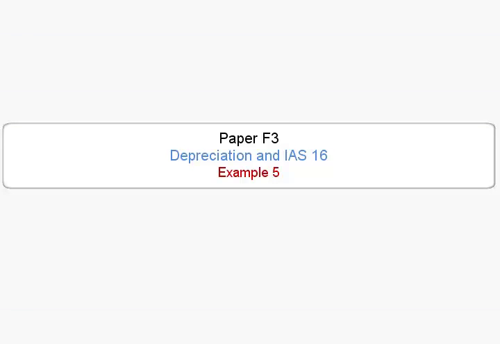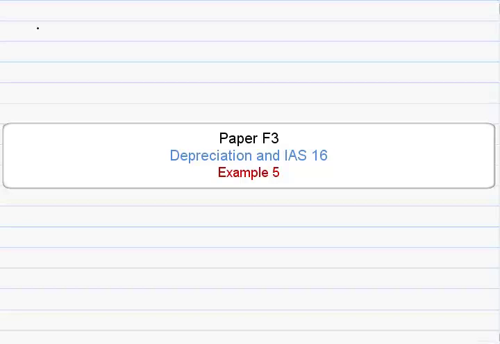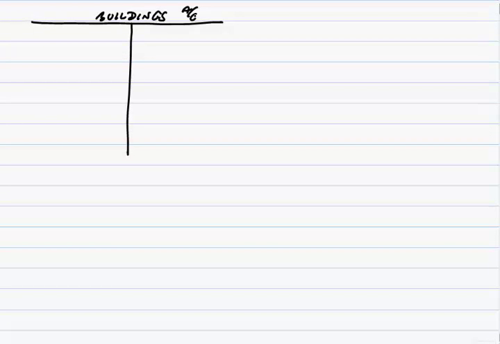First of all, let's bring forward the balances at the start of this year. Our year end is December. On the 31st of December, and therefore 1st of January 2003, we had a balance on a buildings account. This would be the original cost of 3.6 million, a debit balance, an asset.